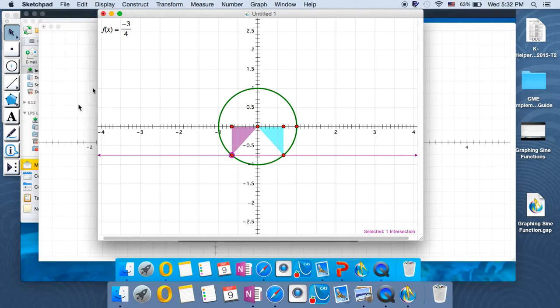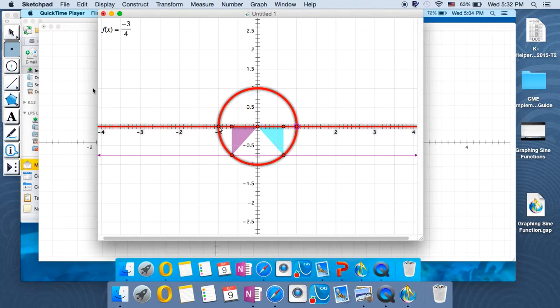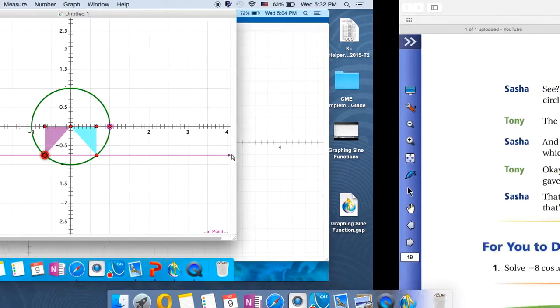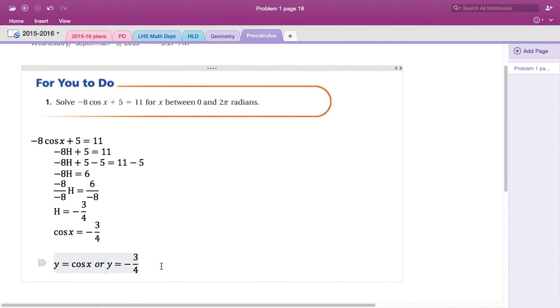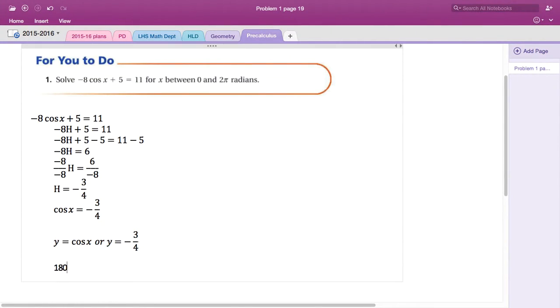So how many degrees is this right here? Well, we can tell that if you move around from here, this is 90 degrees and 180 degrees, and 180 degrees plus 45 degrees equals what? 225 degrees, which is how many radians?